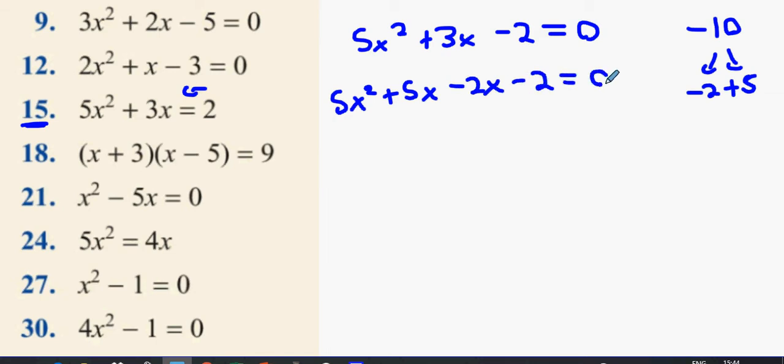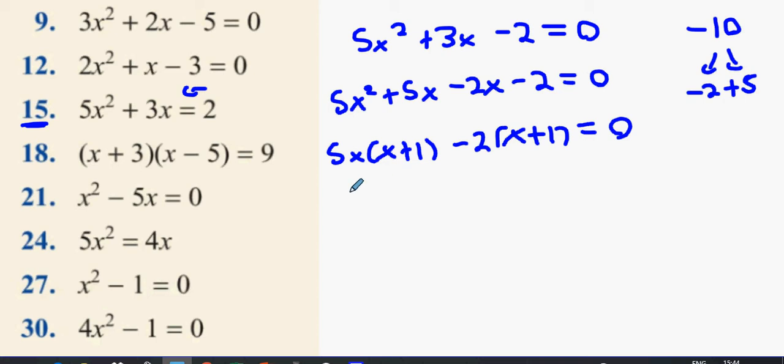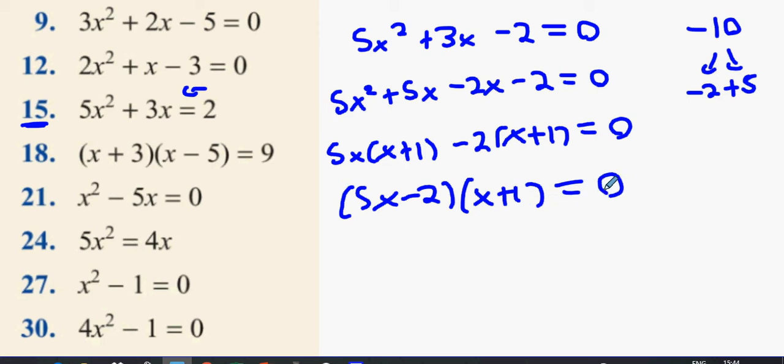Next step. What is it? 5x into x plus 1, minus 2 into x plus 1 equals 0. Then what, guys? 5x minus 2 into x plus 1. Nearly there. x plus 1 equals 0.